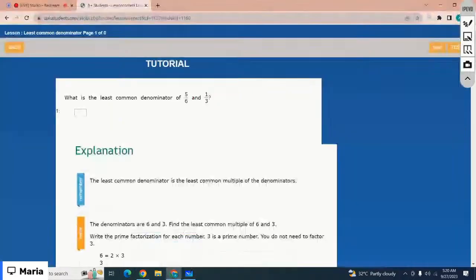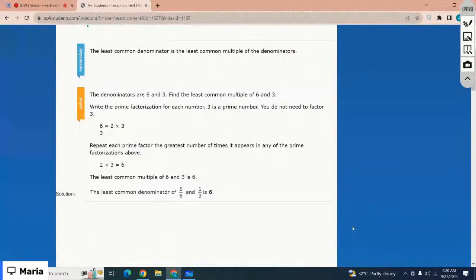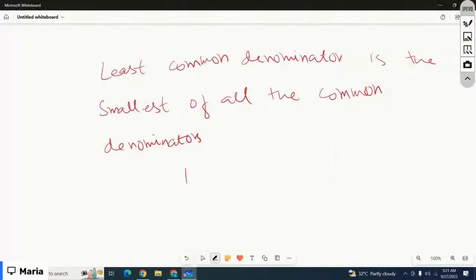For example, you have two fractions, 1 by 3 and 1 by 6. You have to find the least common denominator of 1 by 3 and 1 by 6.